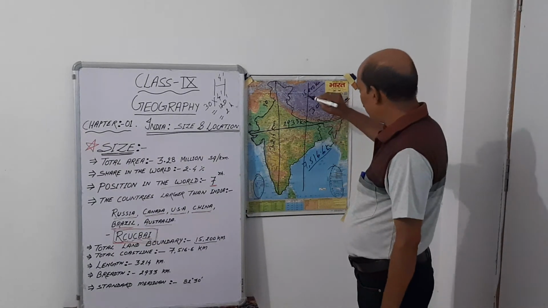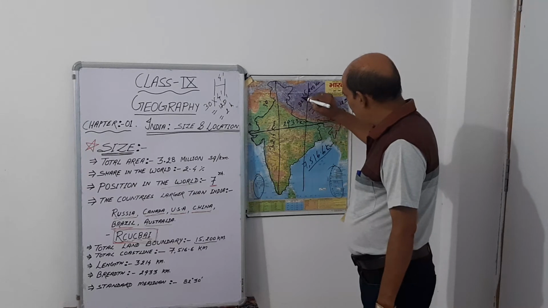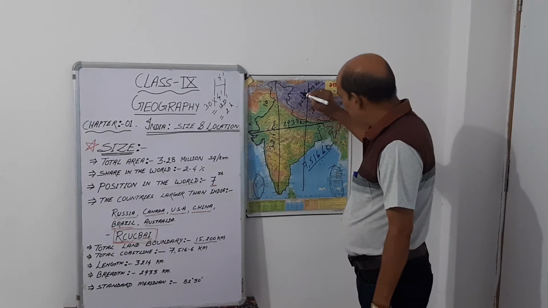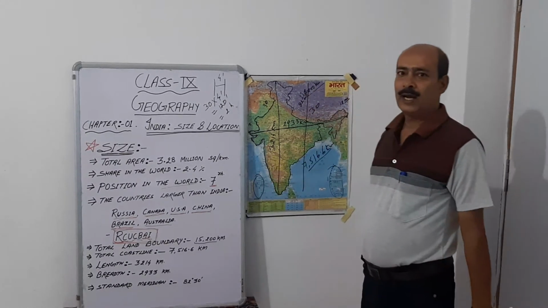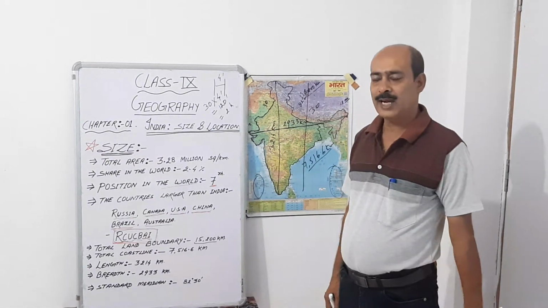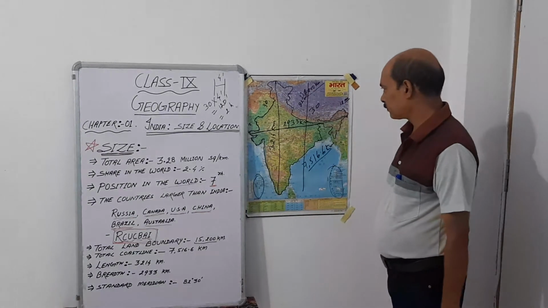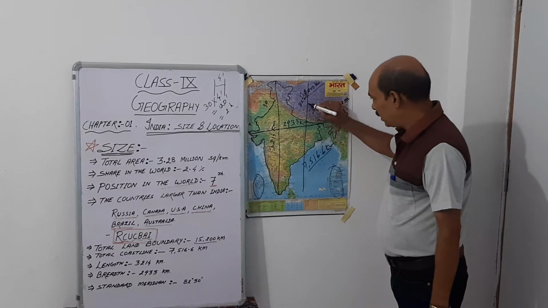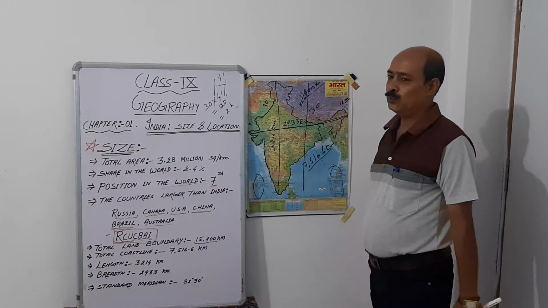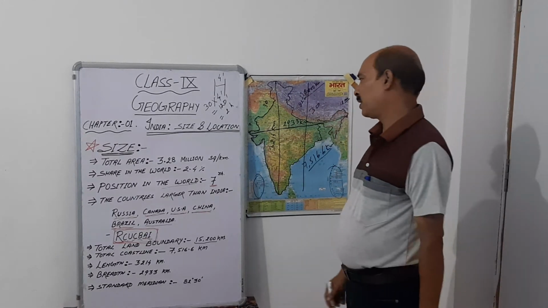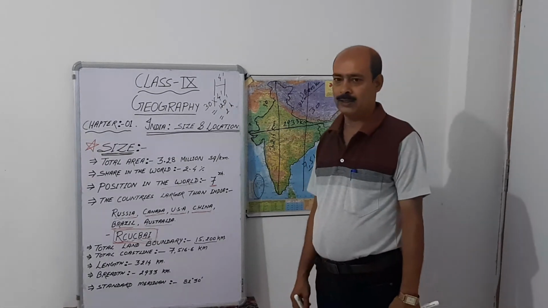In our country, 82 and a half degree eastern longitude has been selected as the standard meridian of India.